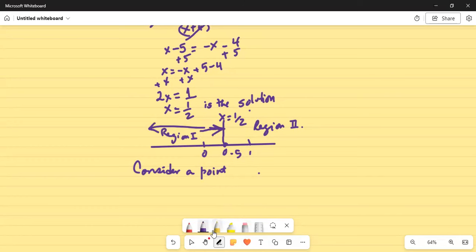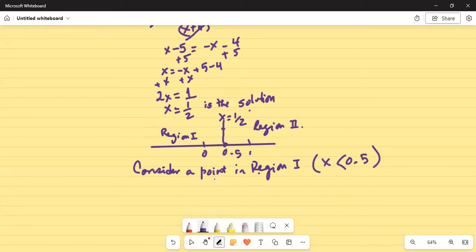Oh, let me erase that. I don't need to put those arrows. Point in region 1, x is less than 0.5. Okay, so let's select x equal to 0.